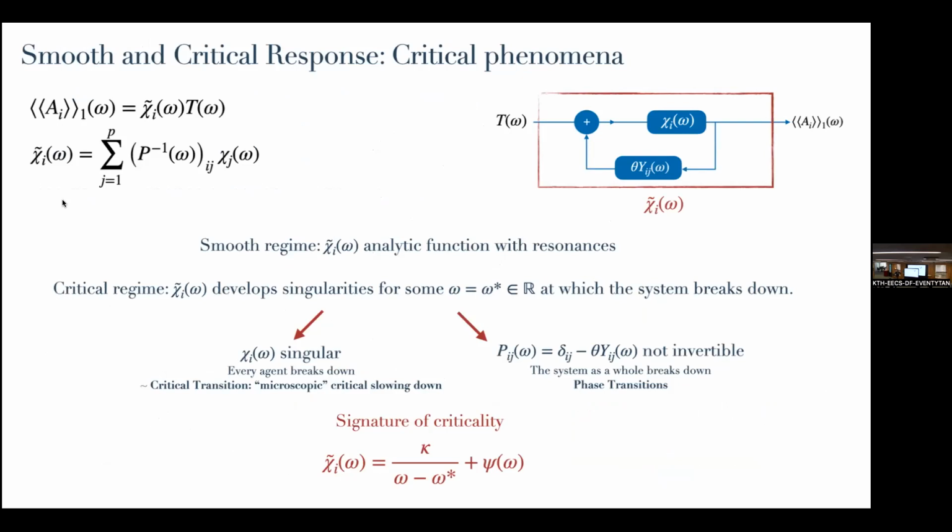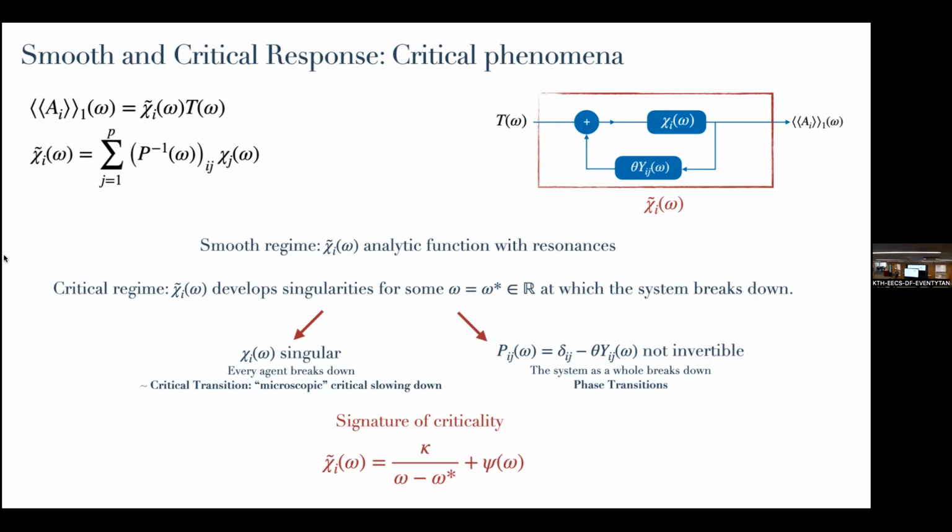As we saw before, we can distinguish two different regimes of response of the system. You can have a smooth regime where this susceptibility function is a well-behaved function with some resonances describing the enhanced response of the system to certain perturbations, but there are also critical regimes.